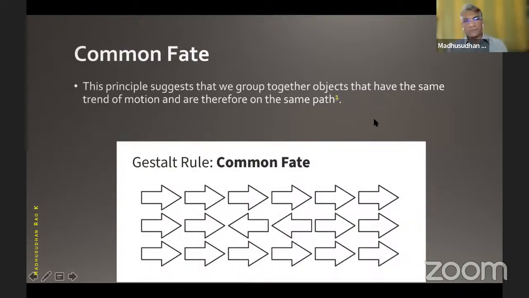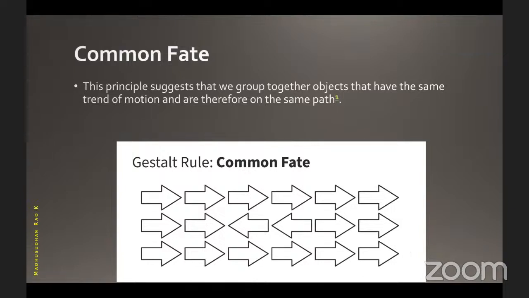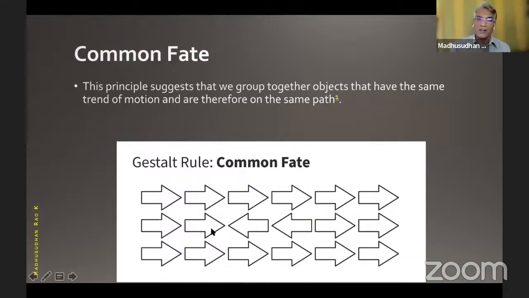Common fate. The principle suggests that we group together objects that tend to have the same motion and are therefore on the same path. Look at these arrows. What do you notice? First line, same path. Second line, both are different paths. Third line, the same path. Look at this. You change your perception.